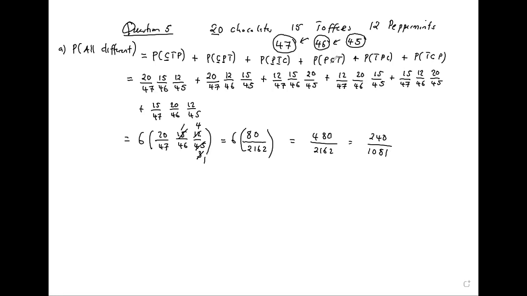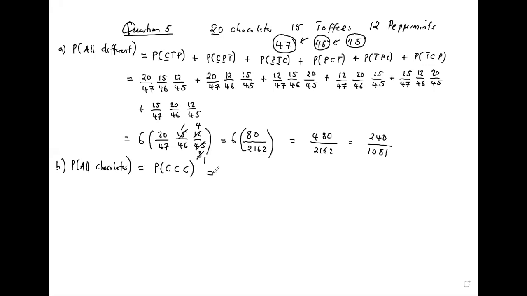So that's the setup there. B, the probability that they are all chocolates. This is an easy one. You get the first one chocolate, second one chocolate, third one chocolate.